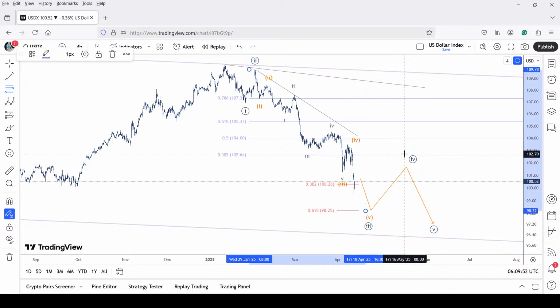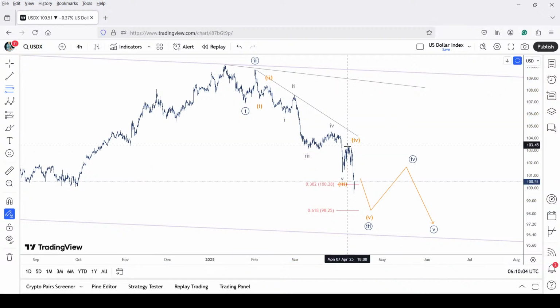If I put a hypothetical wave 3 here around 98.25, then it will go all the way towards 102.61, number one, and also closer to the vicinity of previous wave 4, which is again at 103.50. So it might be a meaningful pullback after that, and maybe one more low thereafter.